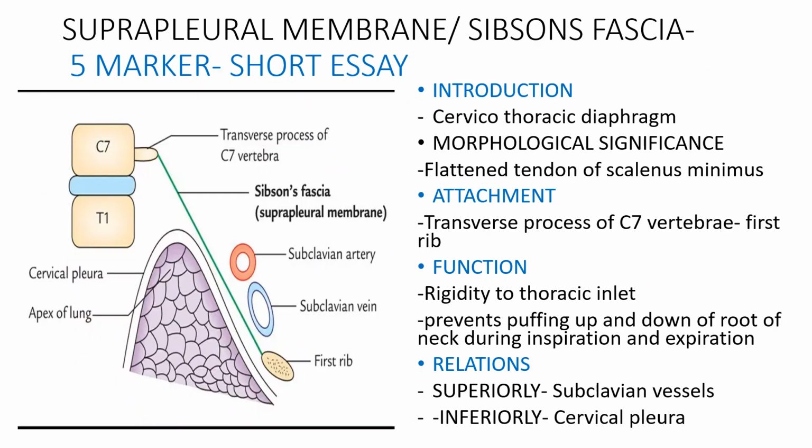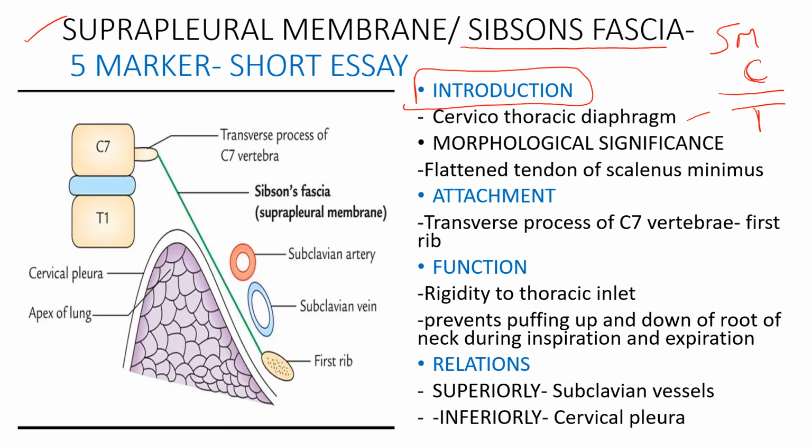Now we will discuss the suprapleural membrane, or Sibson's fascia, which is a very important 5 marker that is asked several times. So what exactly is this? Your first heading will be under introduction. You will write that this membrane is nothing but a diaphragm which separates the cervical region from the thorax.